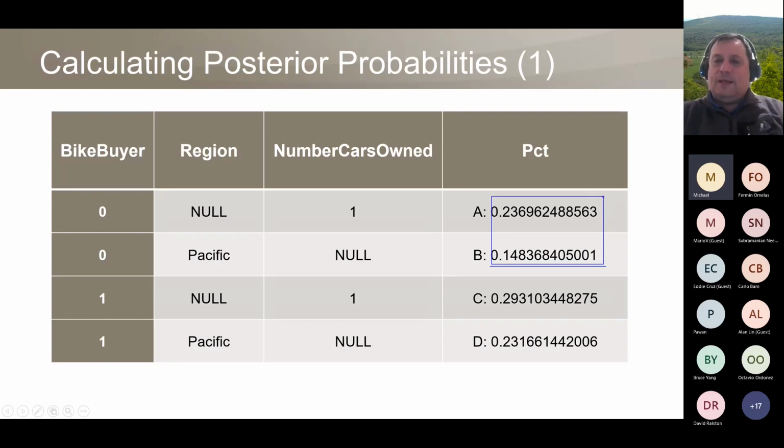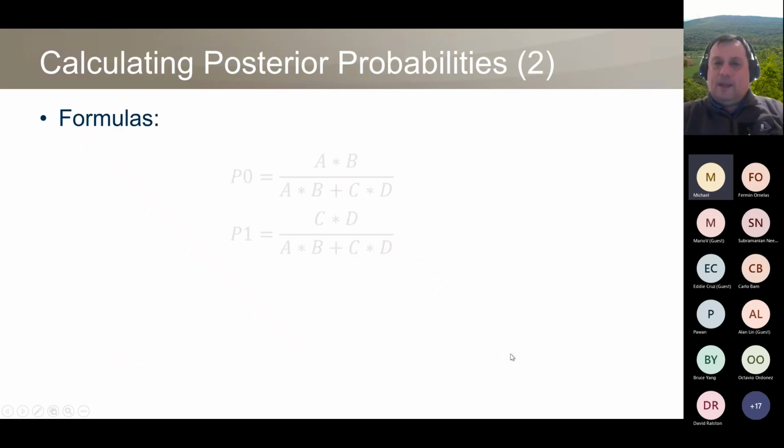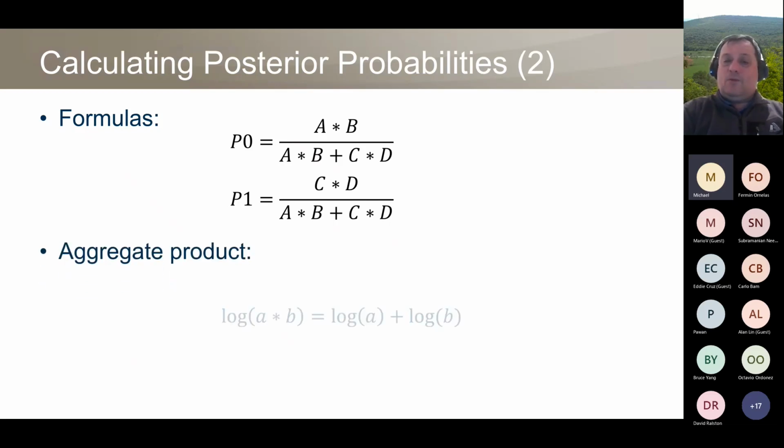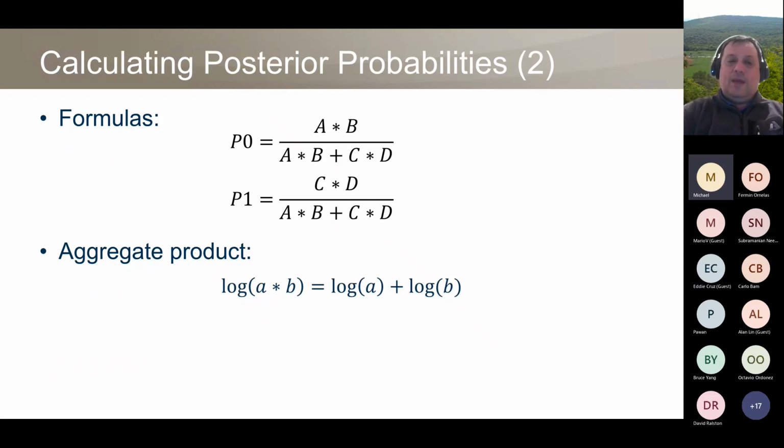And of course, we don't have aggregate product in Transact SQL. But we can very, very easily get it if we use a little bit of mathematics. We know that in mathematics, logarithm of A multiplied by B is logarithm A plus logarithm B. So if I summarize logarithmic values, then I get logarithm of product.